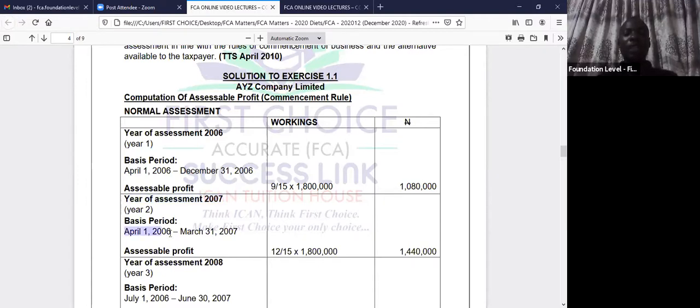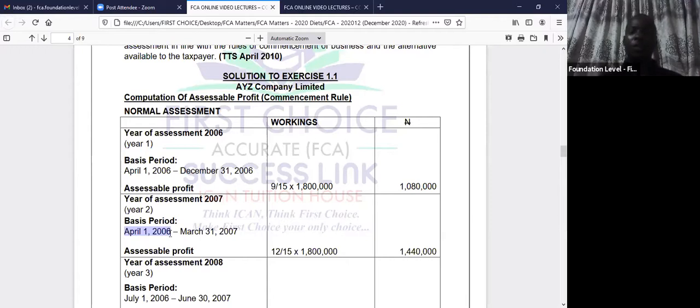We will now start from the date the business commenced, and you will count 12 full months. So if you count from April 1 to March 31st, that's 12 full months. Some people will be counting their fingers: April, May, June, July, August.